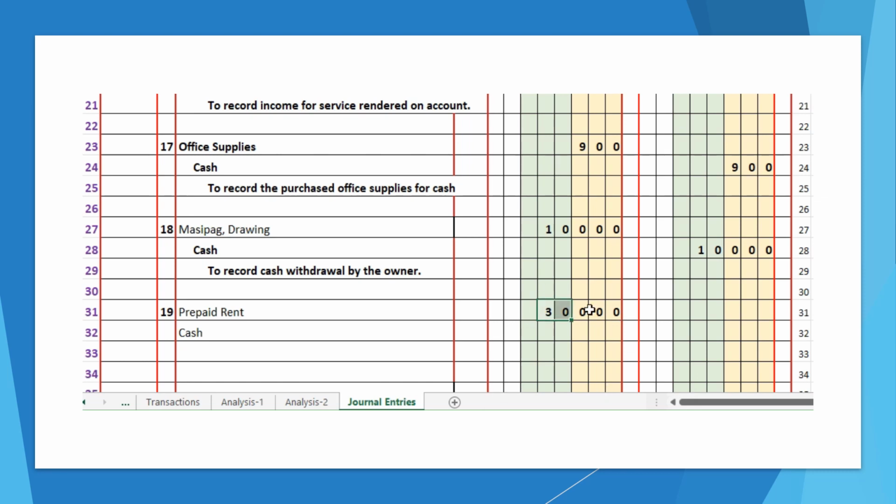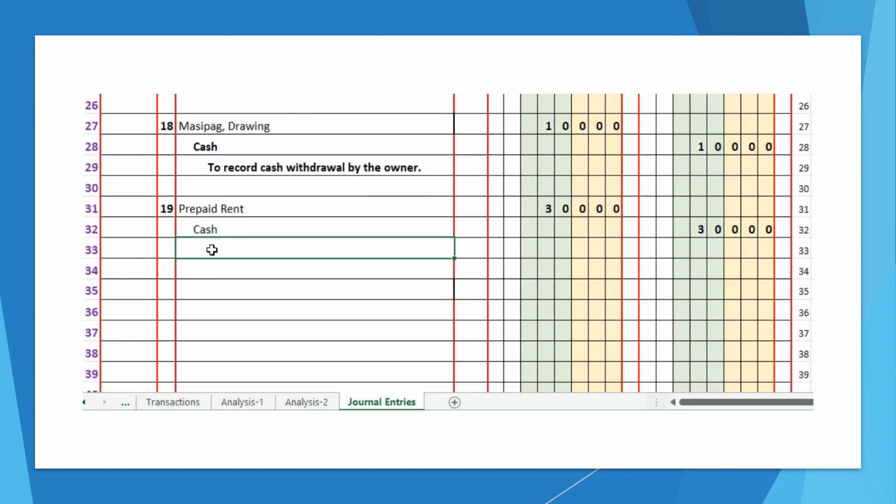Therefore, let's copy. Okay, and then, what's our explanation?